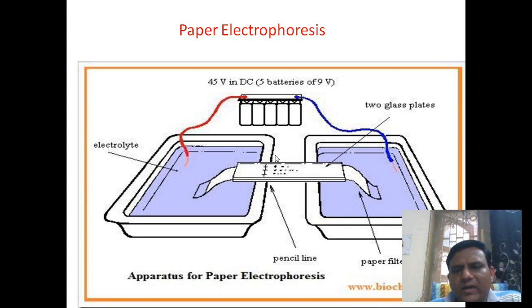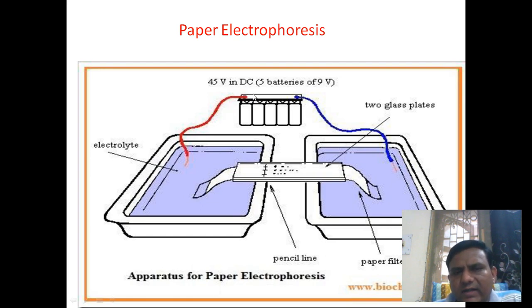So you can apply your sample on the surface of the paper in this way, and then your paper should be equilibrated with the buffer.